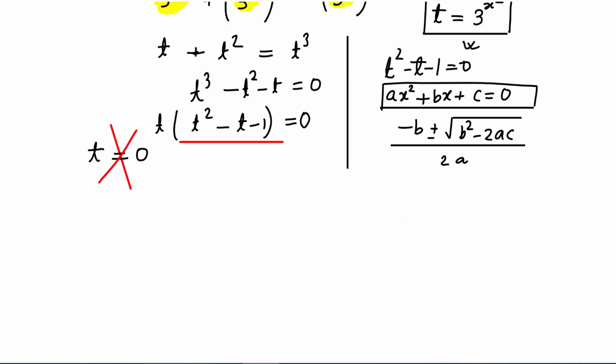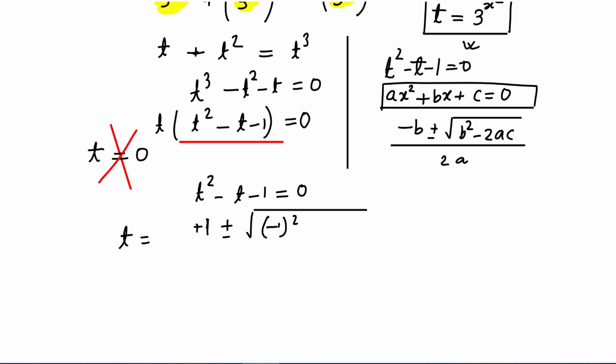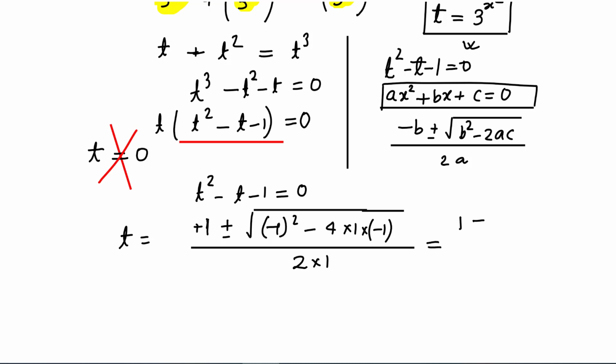So I will use this result for t square minus t minus 1 is equal to 0. Our value of t will be minus b, so minus minus, plus, plus minus square root of b square, that is minus 1 whole square, minus 4 times 1 times minus 1, 4ac, divided by 2a, so 2 times 1.